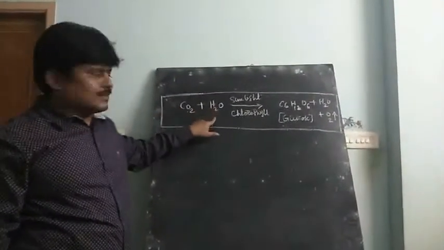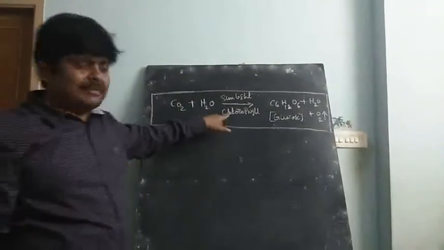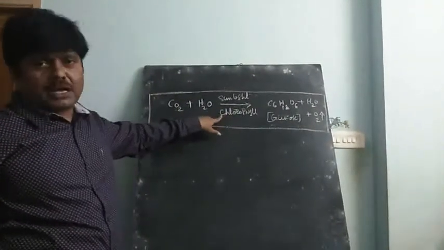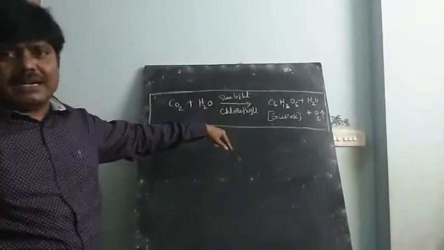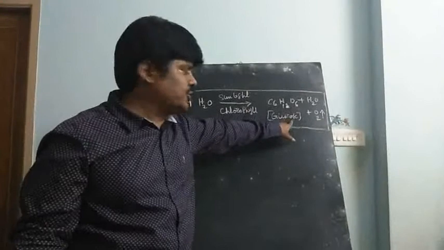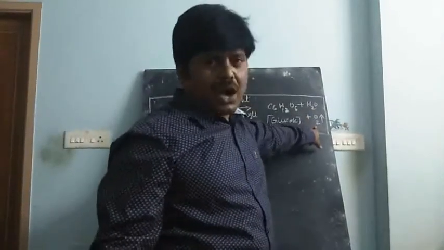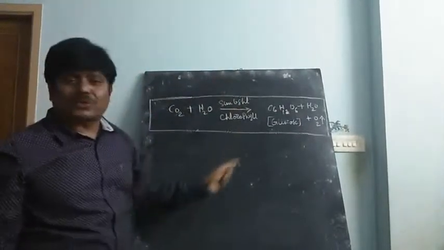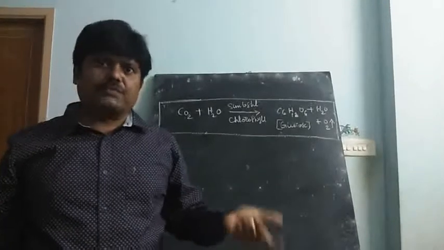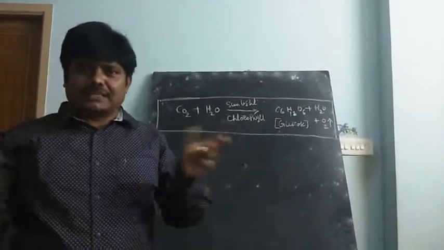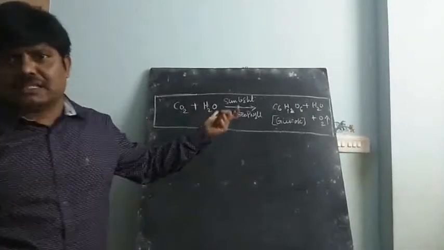Two substances, carbon dioxide and water, combine in the presence of chlorophyll or chloroplast and sunlight, and are synthesized into glucose, releasing water and oxygen. The process is called photosynthesis. As already explained, photo means light, and synthesizing means to combine.